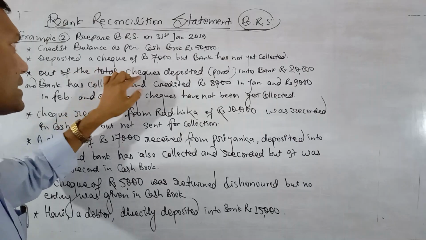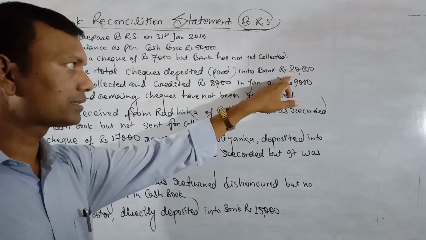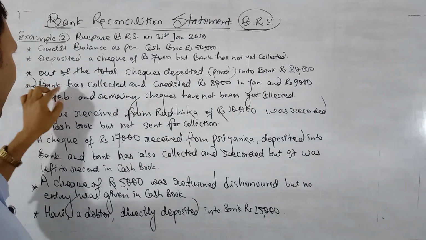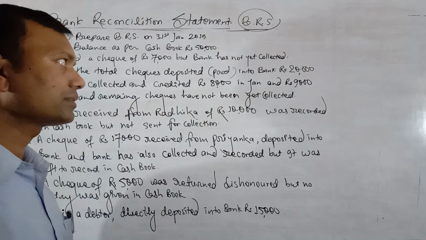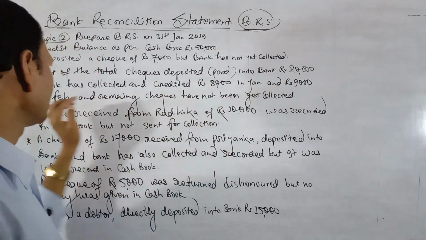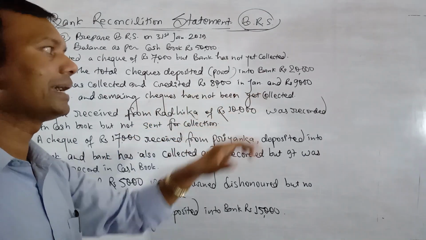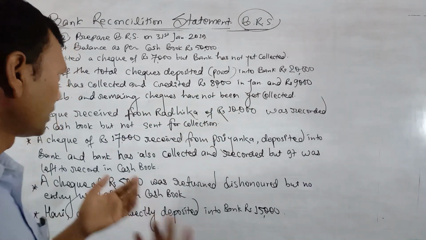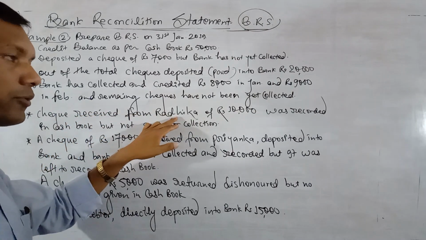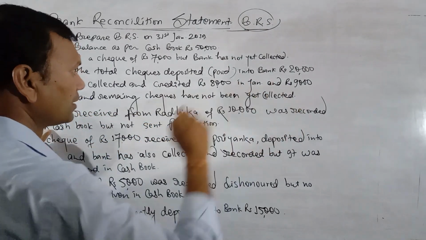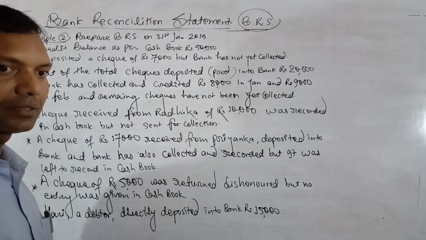Out of total checks deposited into the bank, rupees 20,000, the bank has collected and credited rupees 8,000 in January and 9,000 in February, and the remaining checks have not yet been collected. Next question: check received from Radhika of rupees 10,000 was recorded in the cash book but not sent for collection to the bank.